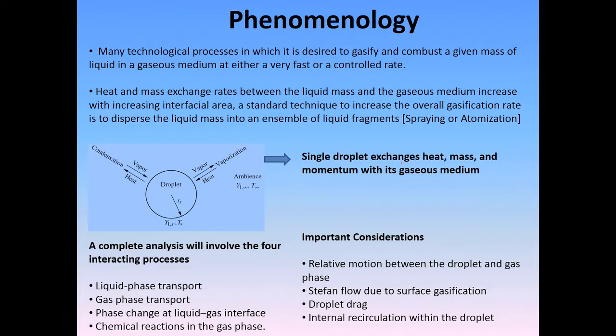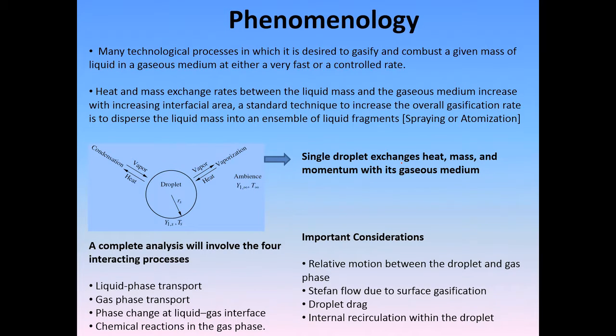Droplet vaporization is important because for most of the technological processes we talked about, it is desirable to gasify the droplet or even combust the liquid in a gaseous medium, at a fast rate or at a controlled rate with various degrees of control. We basically want to control this evaporation rate in order to achieve certain goals, whatever those goals may be.